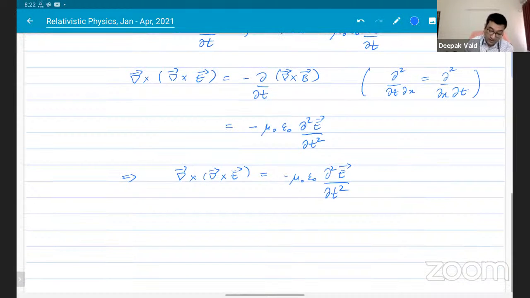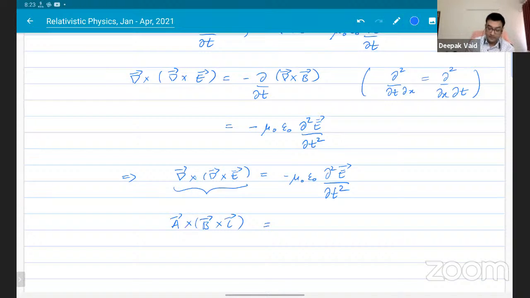So now, what about this expression here? We can use some vector identities. When you have two vector fields, let's say A and B, or let's take three vector fields A, B, C, and you take A cross B cross C, this expression here is like this expression.